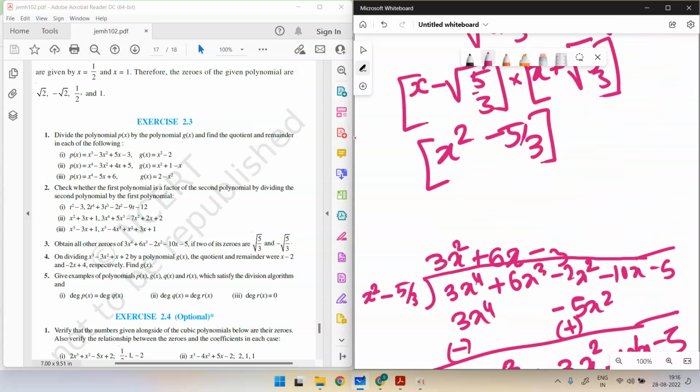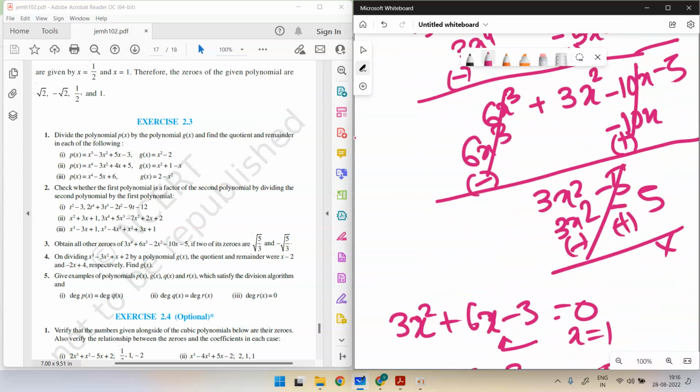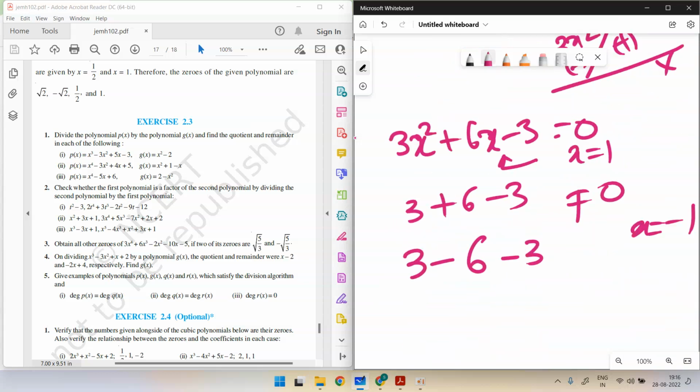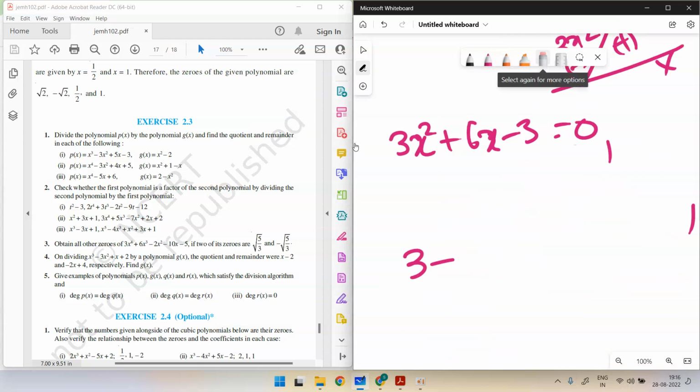x square plus 6x minus 3. So 3x square plus 6x minus 3. A simple thing will be, first take this, at least think this, 3 is common to all.